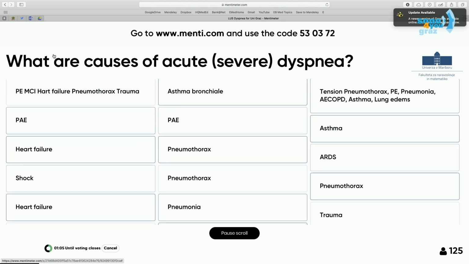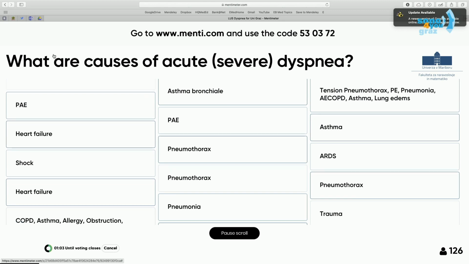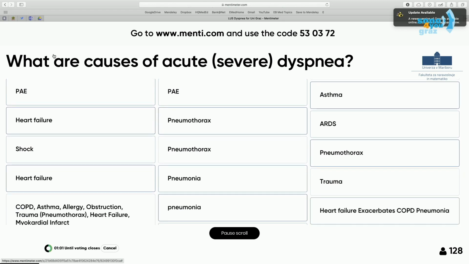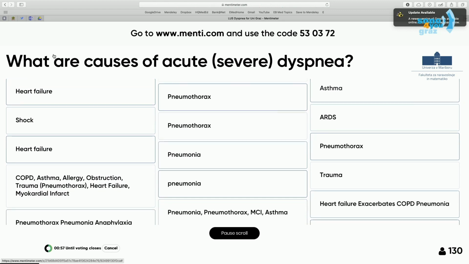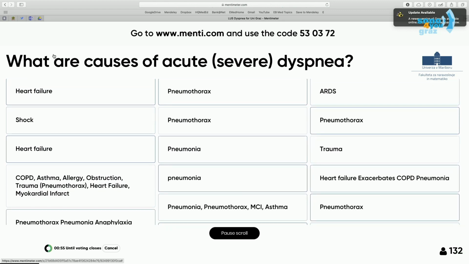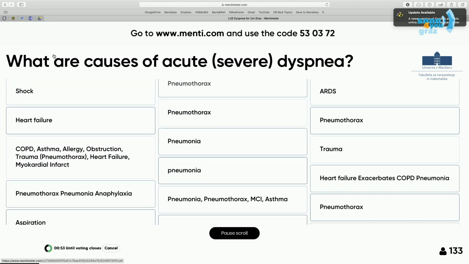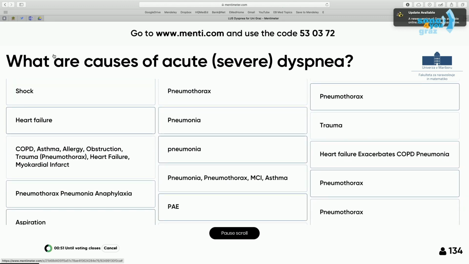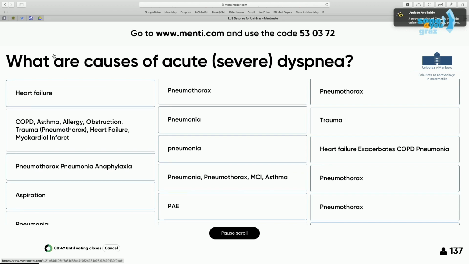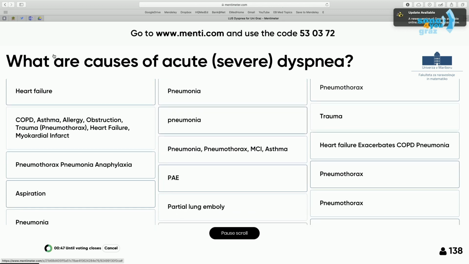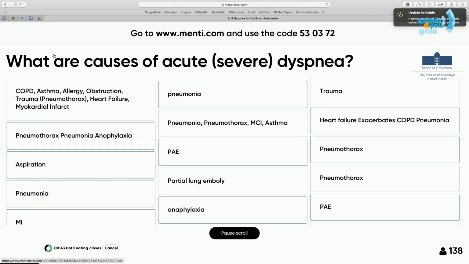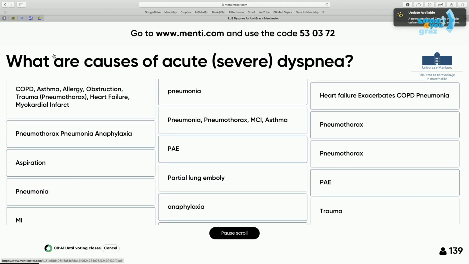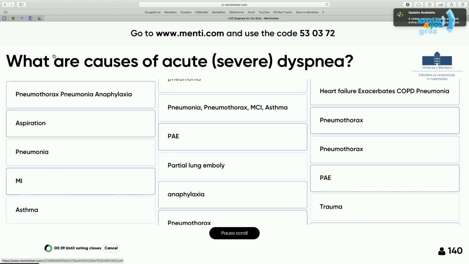Tension pneumothorax, pulmonary embolism, pneumonia, COPD, asthma, lung edema, RDS, trauma, heart failure exacerbation, myocardial infarction, heart failure. You know what? Anaphylaxis, aspiration, partial lung emboli. Ooh, good one. MI, anaphylaxis. Good.